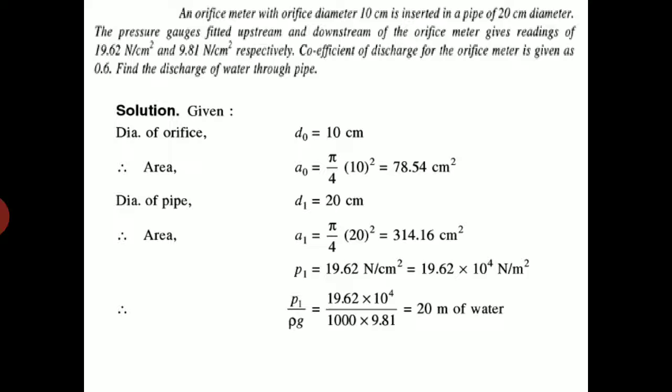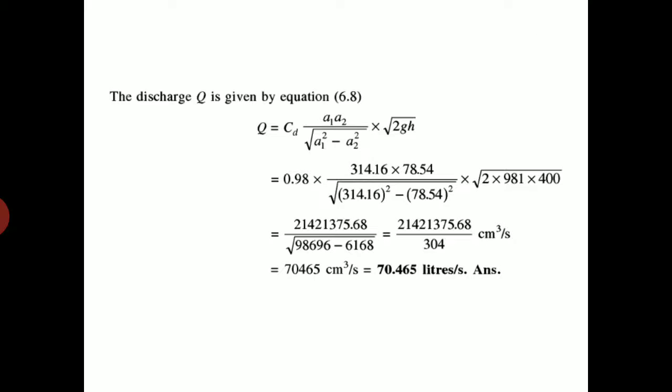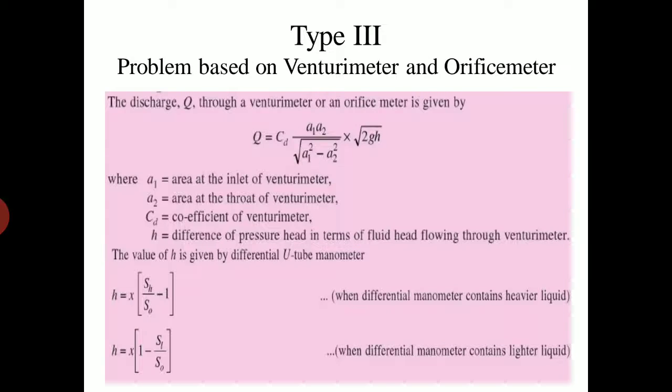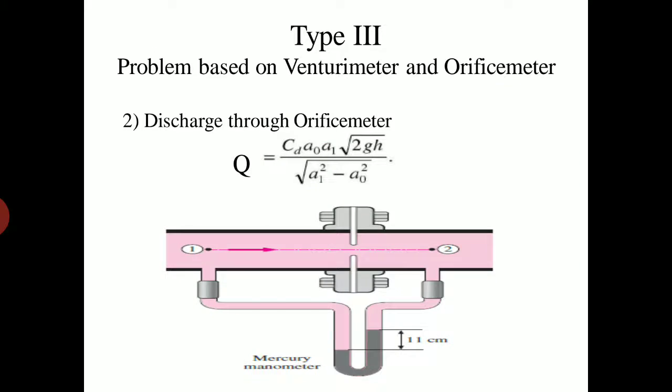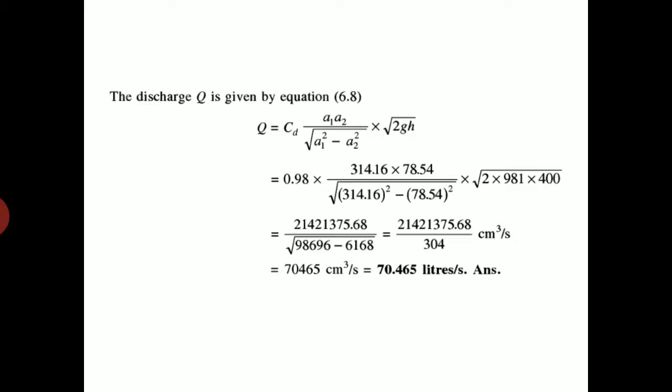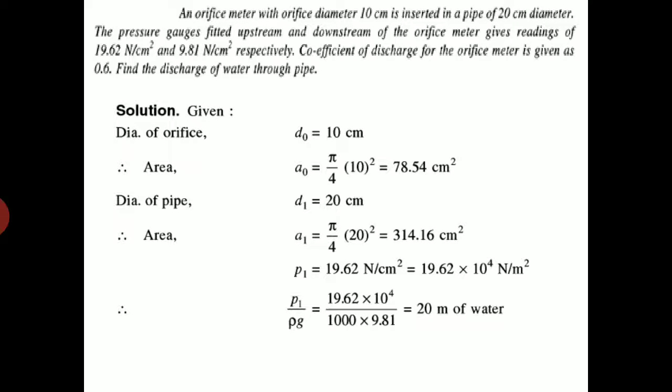Now just understand what we need. We need to calculate h, which is the difference of pressure head. How do we calculate the pressure head? We know the formula P is equal to rho g h, and therefore h is equal to P by rho g.